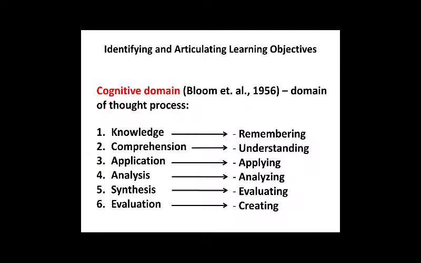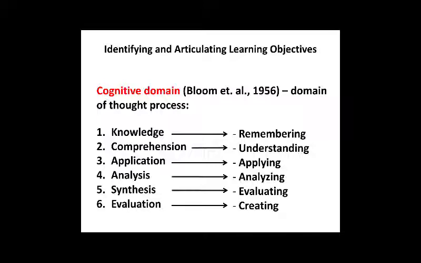Ito ngayon yung mga levels, no? Cognitive domain, Bloom et al. So you see, et al. Hindi lang si Bloom, no? So 5 yata sila or 6. In 1956, gave us these domains of thought processes. These are cognitive tasks.